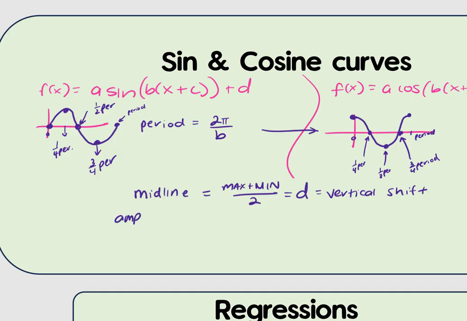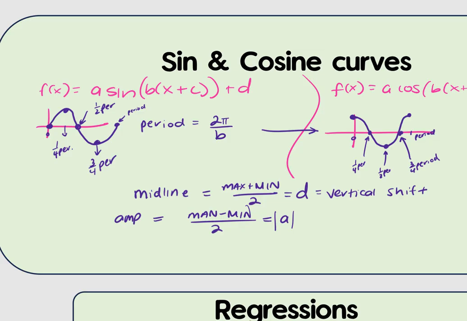Your amplitude is max minus min divided by 2. And this is your A. Well, it's really the absolute value of your A, because if A is negative, it just flips it upside down.